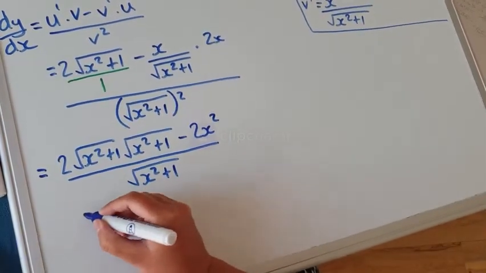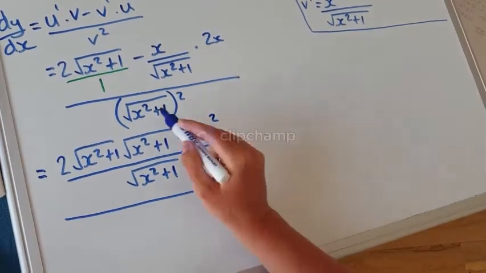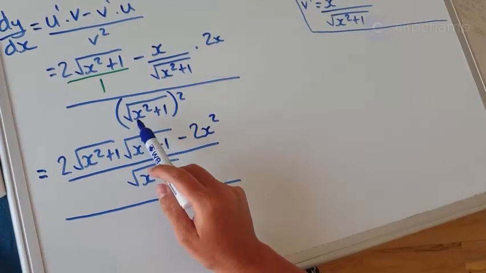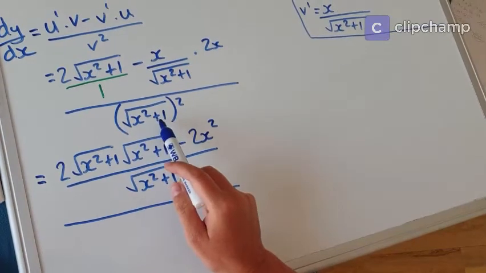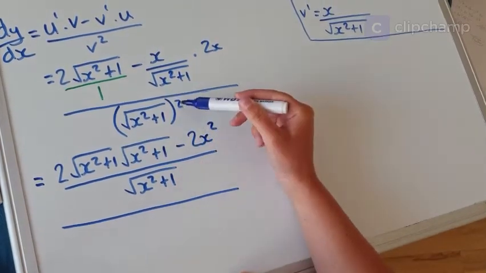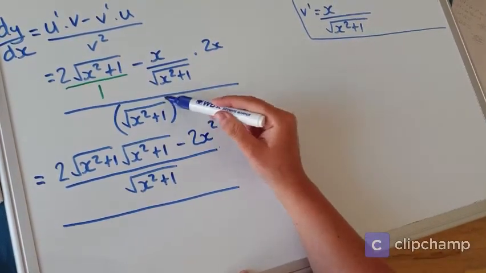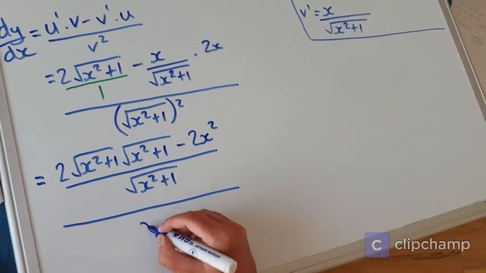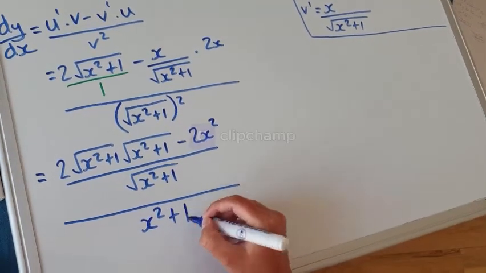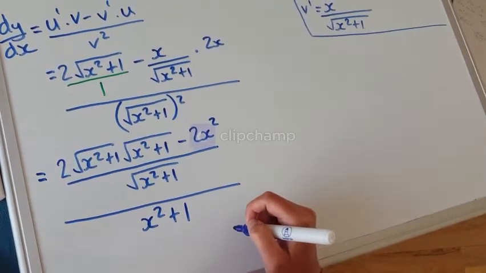And that's all being divided by the root of x squared plus 1 all squared. If you're squaring a square root, then they cancel out. So you're actually only dividing by x squared plus 1.